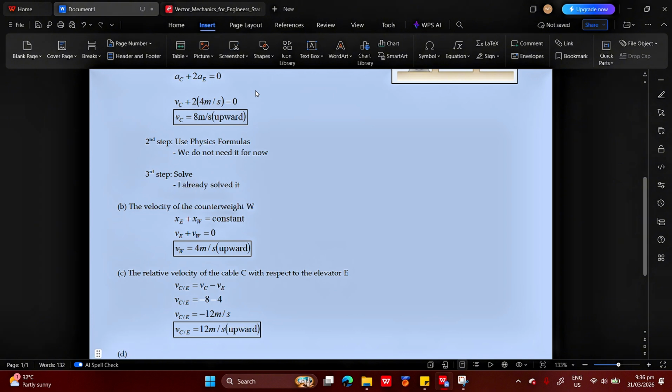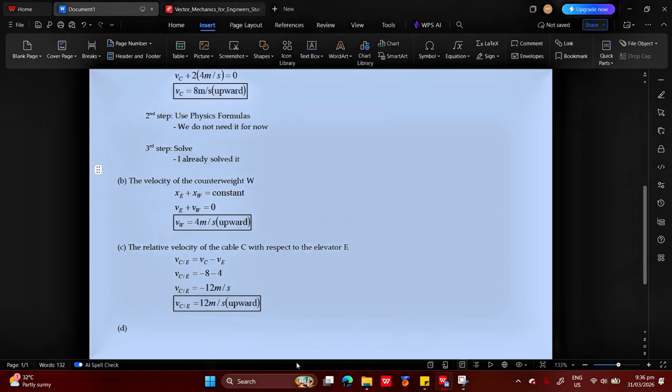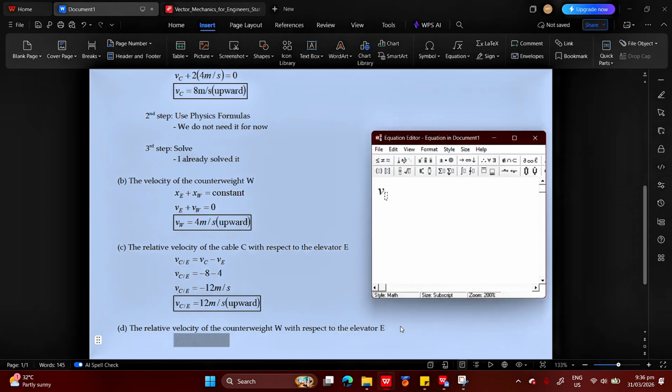Next is D. Our D is the relative velocity of the counterweight W with respect to the elevator. The elevator is symbolized as E. Now, we'll do the same. So the velocity of the counterweight W with respect to E is equal to VW minus VE.